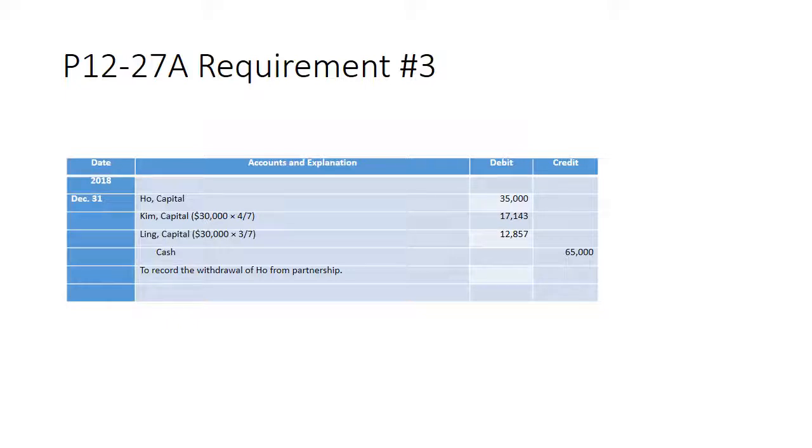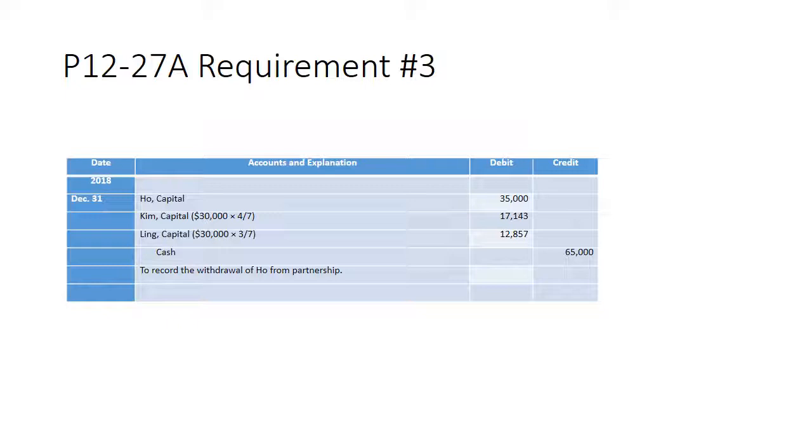So if Kim gets a 40% profit, Ling gets a 30% profit, that's 40% plus 30%, you can look at it that way, is 70%. So 40 of the 70, so 4/7 of the $30,000 will be debited to Kim's capital, and then 3/7 of the $30,000 difference is debited to Ling's capital.